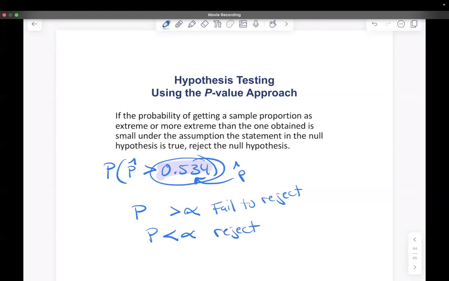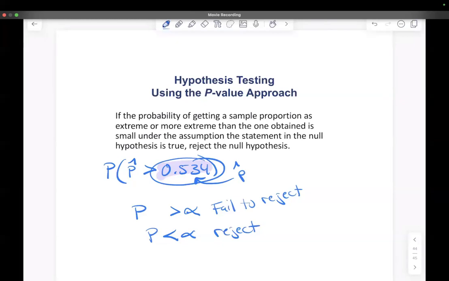So let's say I have an alpha of 5%, yet the probability of getting my sample was 2.3%.